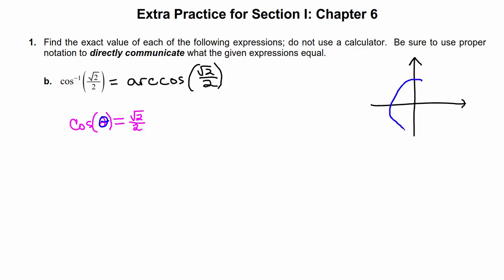If I draw a unit circle, I won't go through all of the explanation, but just remind us here that when we're working with inverse cosine, we're limited in the kinds of angles that we can set inverse cosine equal to. The angles have to be angles associated with the northern hemisphere along our circle.